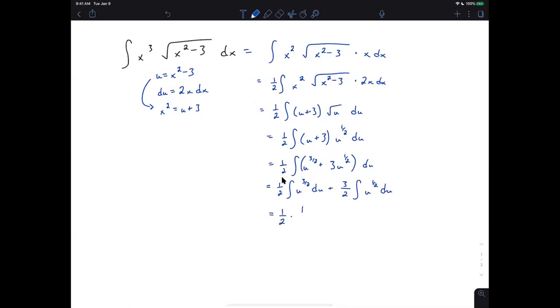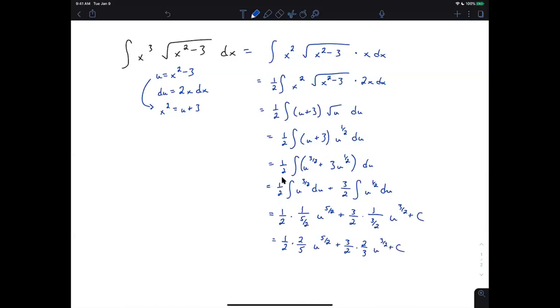So I get 1/2 times 1 over 5/2 u to the 5/2 plus 3/2 times 1 over 3/2 u to the 3/2 plus c. And now let's take a second to simplify the fraction. So 1/2 times 2/5 u to the 5/2 plus, and then here it's 3/2 times 2/3, which actually ends up canceling, u to the 3/2 plus c.